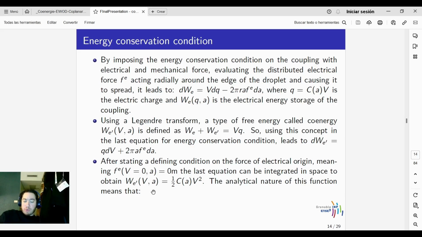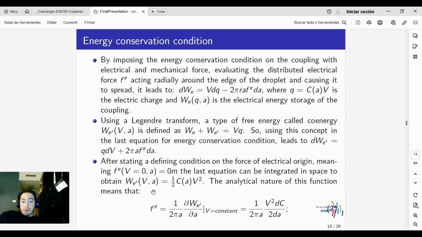So what does it mean? It basically means that at the end the electrical force can be computed as the derivative of this co-energy function with respect to A, evaluated at a constant voltage difference in this case.